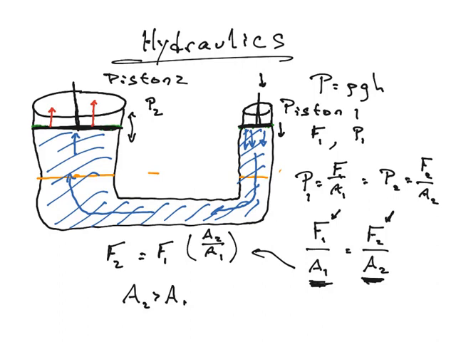If that's true, A2 divided by A1 is a big number over a small number, which is a big number, a number bigger than 1, let's say. And if I have a number bigger than 1 multiplied by the force F1, then that means force F2 is bigger than force F1. And so that would imply that if I push with some amount of force, let's say 100 newtons on this small piston, then I'm going to get out a force of maybe 500 or 1,000 newtons from piston 2.